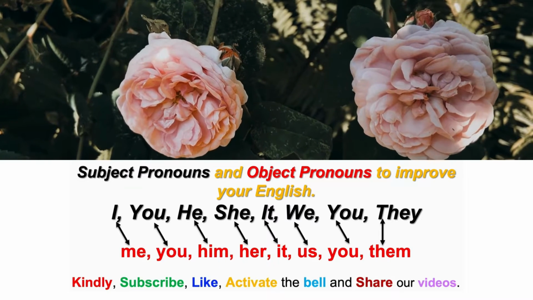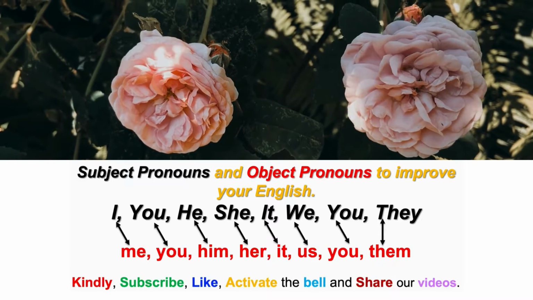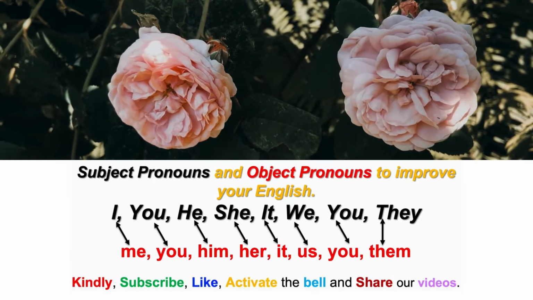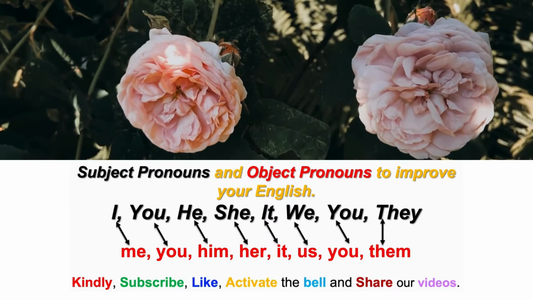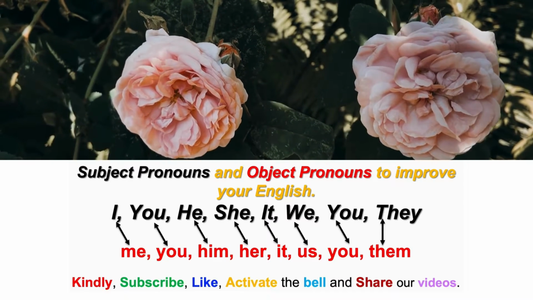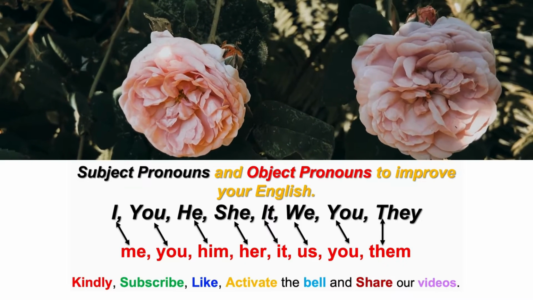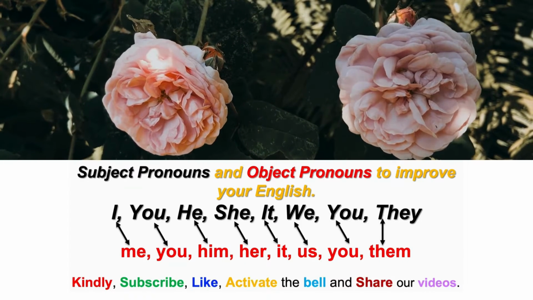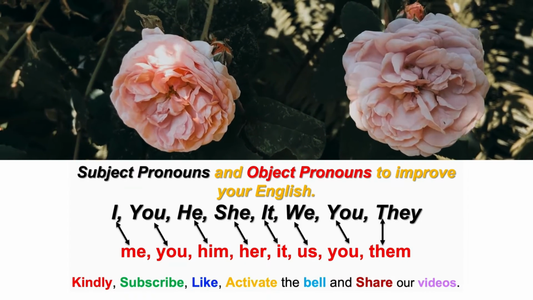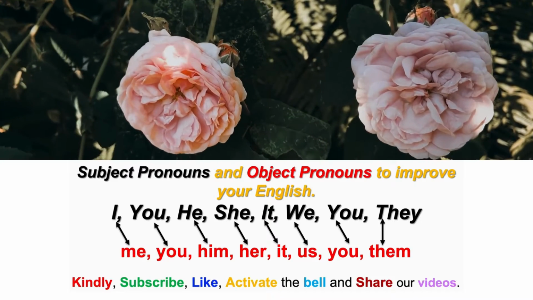If you see very well, I've written subject pronouns with capital letters. Why? Because they come at the beginning of the sentence. And object pronouns, I wrote them with small letters. Why?